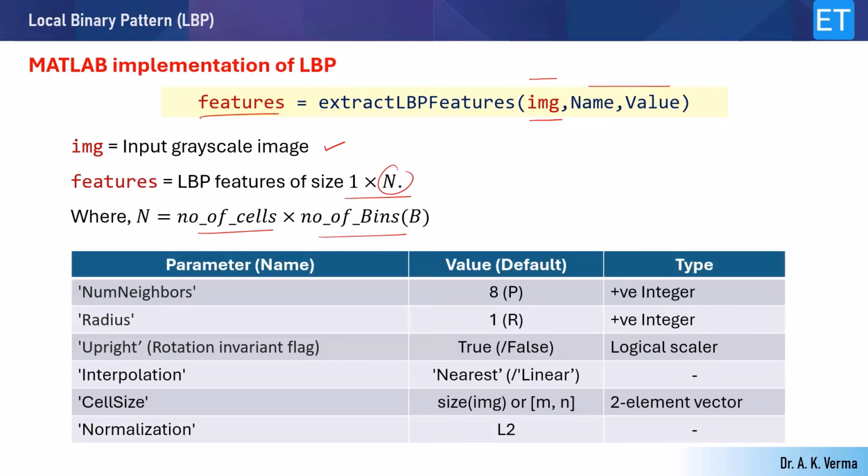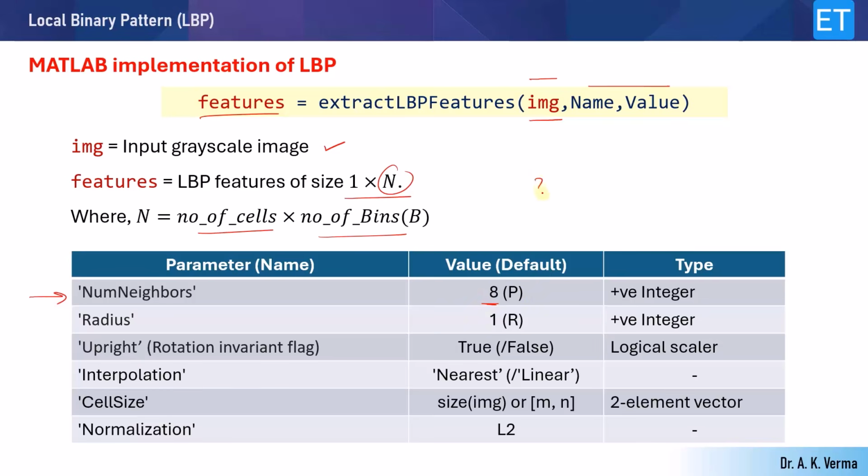So now let's see these name value pairs. Here you can give several adjustments. For example, if you define the number of neighbors, even if you don't give its value, its default value will be taken. So here I have given the default values also. 8 is default.